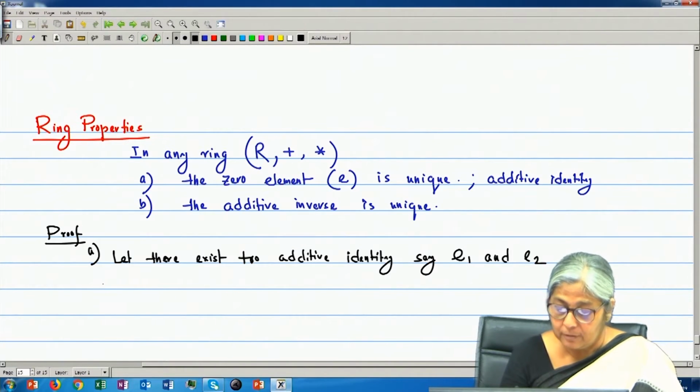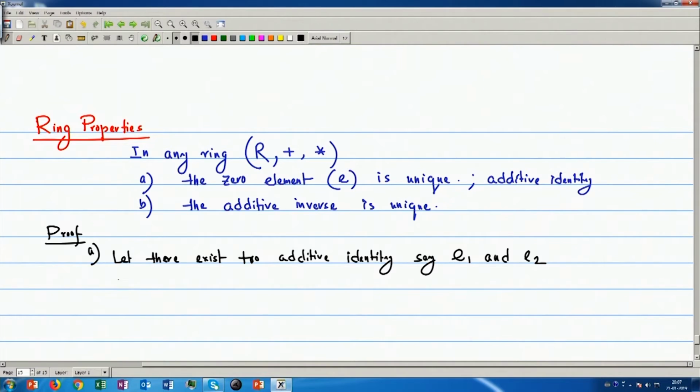So, if some a belongs to R, then a plus e1.